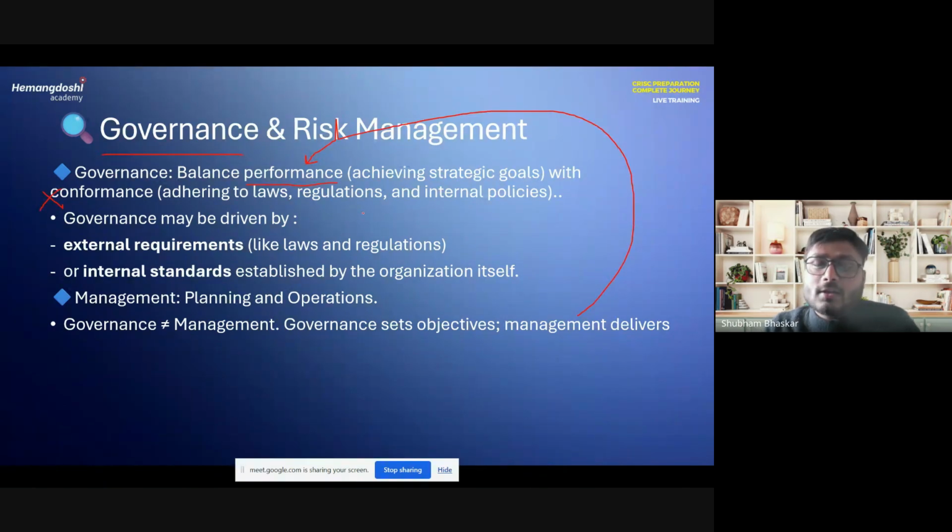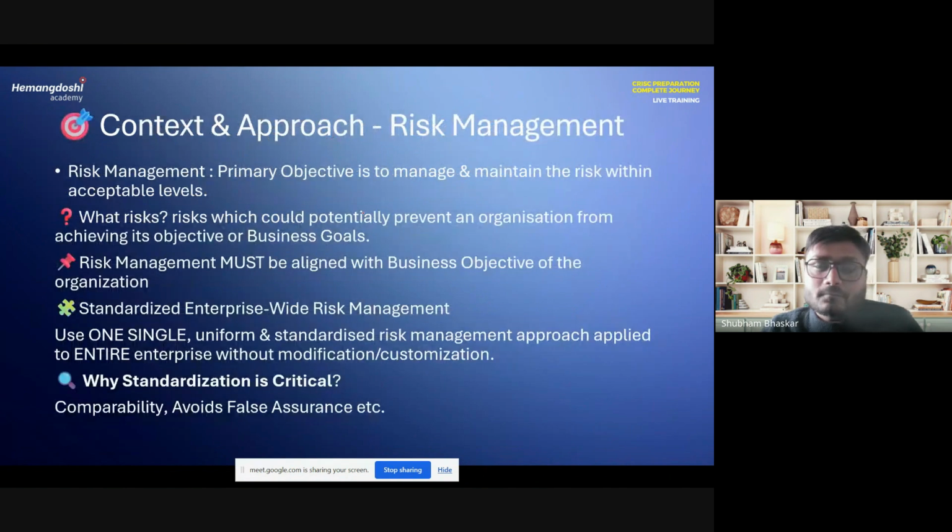Moving on. Now, risk is what we are going to discuss for the next probably 2-3 domains. So I wanted to give you a context and approach on how to do risk management in the easiest, most optimized way possible. Risk management is nothing but managing the risk.